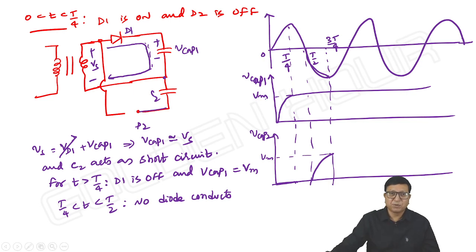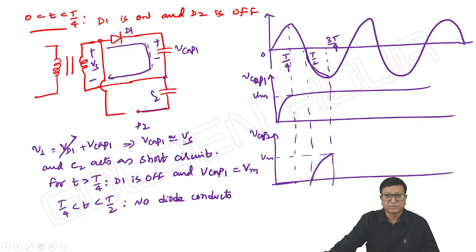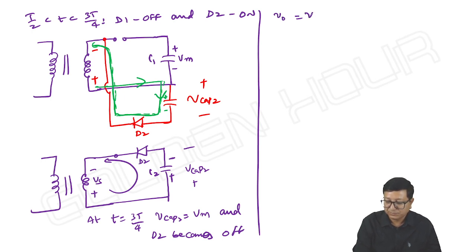What about the overall output? It is V capacitor 1 plus V capacitor 2. You see the polarities, how the capacitors are charging. The overall output is equal to V capacitor 1 plus V capacitor 2, it is 2 Vm.